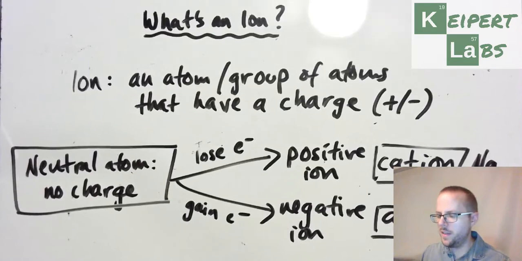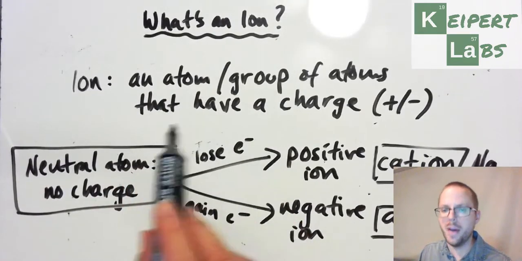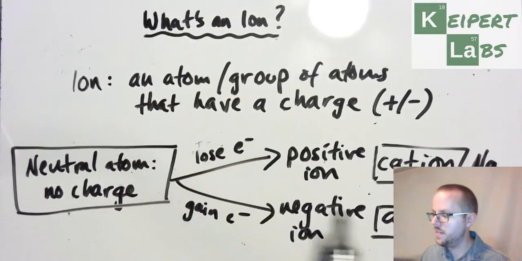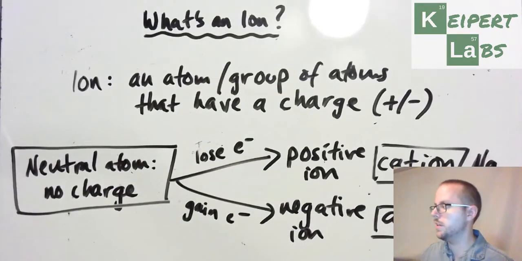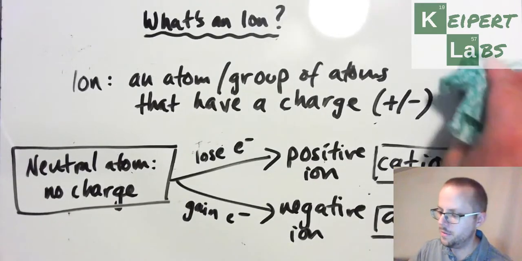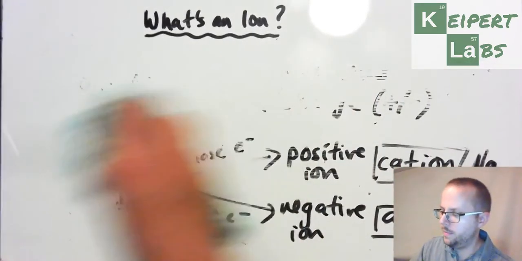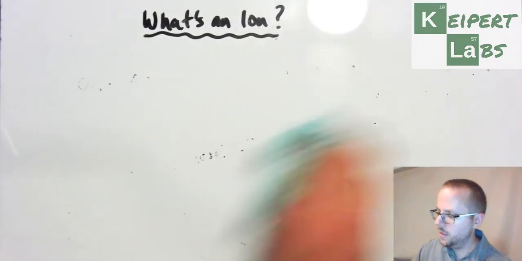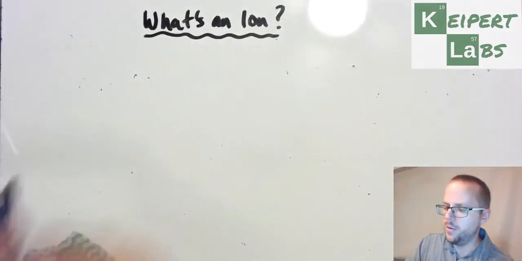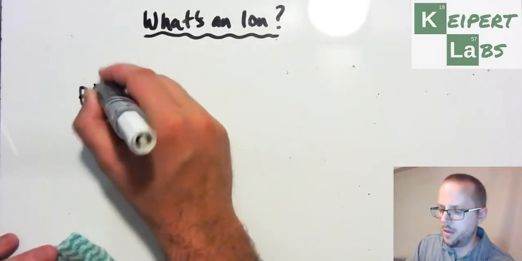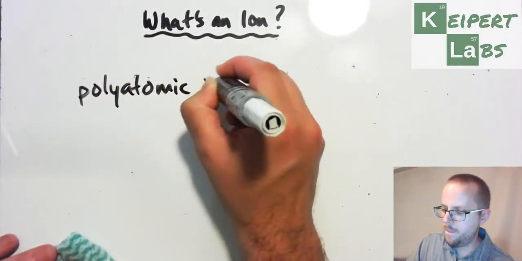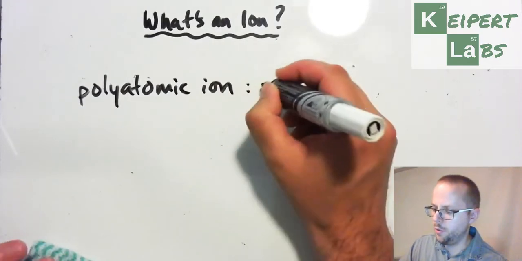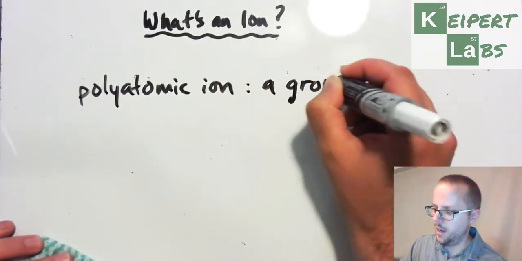Okay, so we said that it could be one atom or a group of atoms that have a charge. In this example, we talked about single atoms that could have a charge. We're going to quickly talk about what happens when you have a group of atoms, and what we call that. Okay, so the term that we use is we say it's a polyatomic ion, which is a group of atoms with a charge.